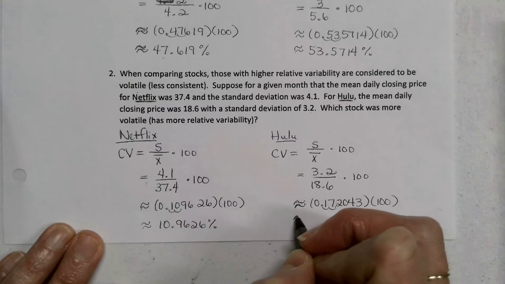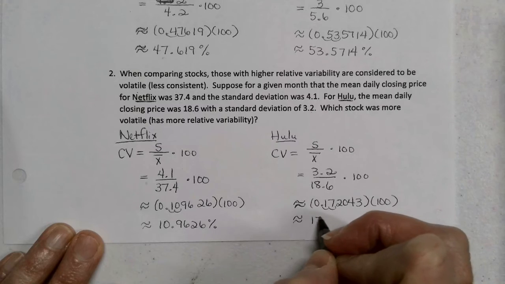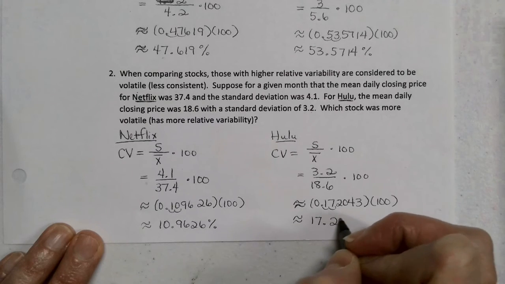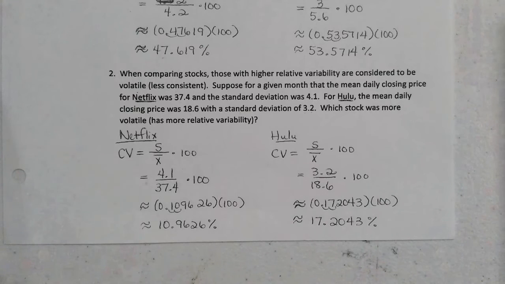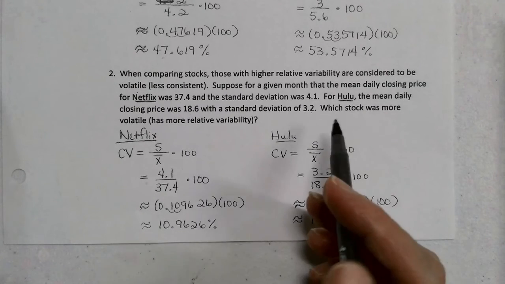I need my approximately equal to symbols because I have rounded, giving me 17.2043%.